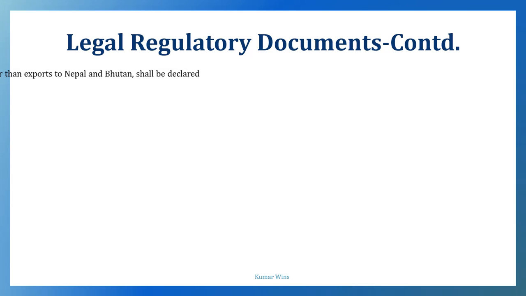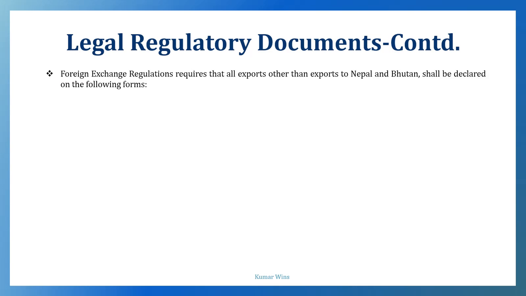Let's continue with the legal regulatory documents. Foreign exchange regulations require that all exports other than exports to Nepal and Bhutan shall be declared on the following forms. There are four different types of forms we are going to discuss. First is the GR form, which is to be filled in duplicate, and it has to be used for all exports in physical form other than by post.